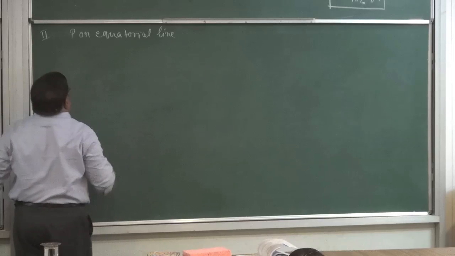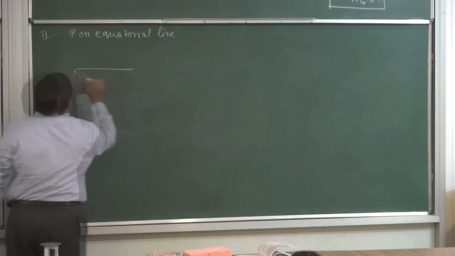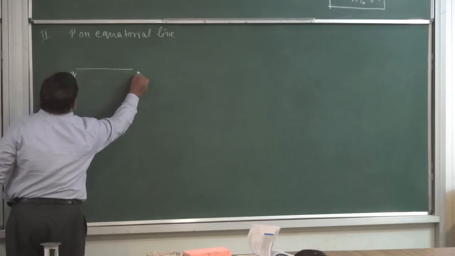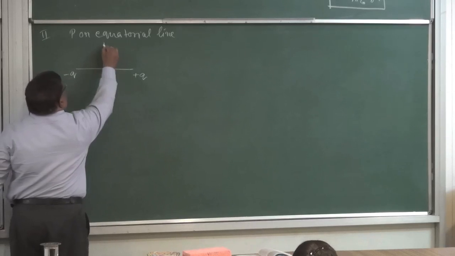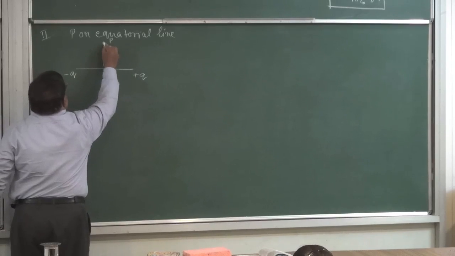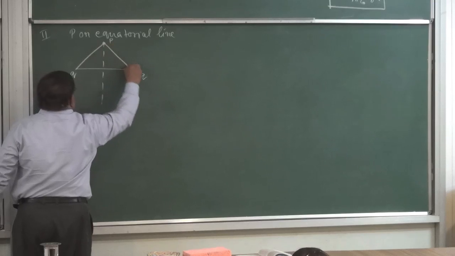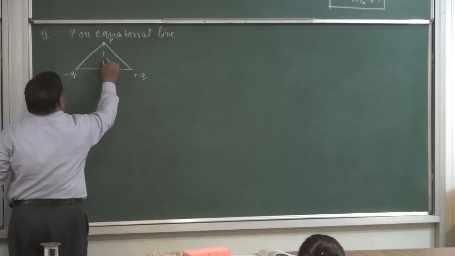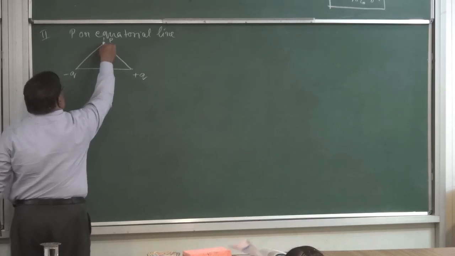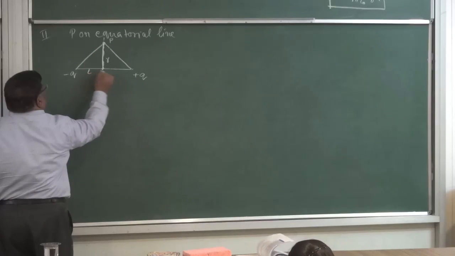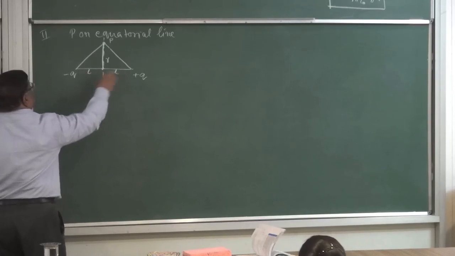P on equatorial line. Here is point P and the distance is r. This distance is r. L, 2L. This is the dipole.